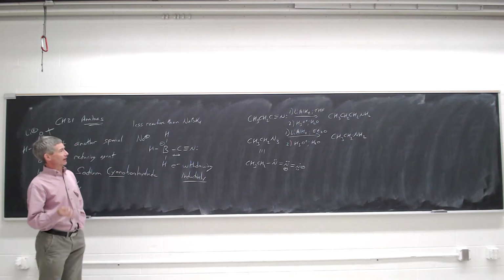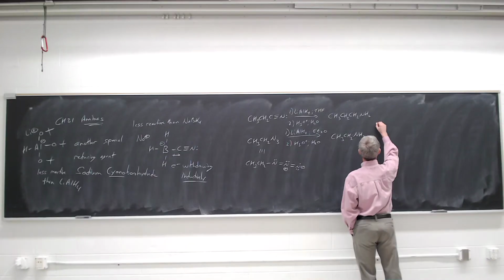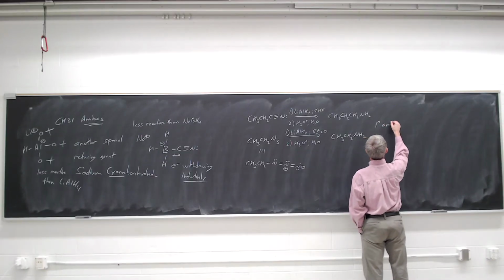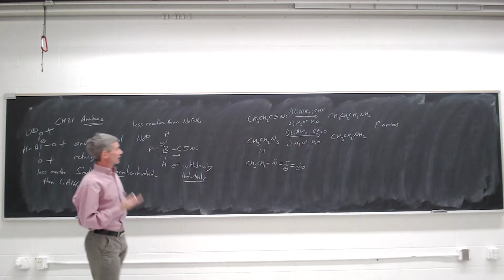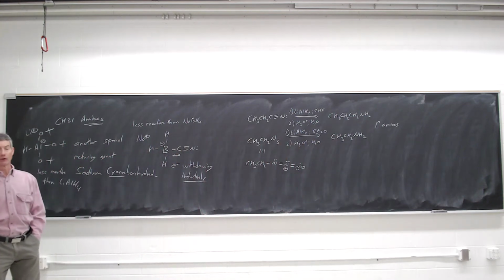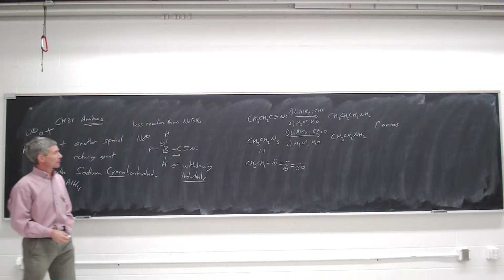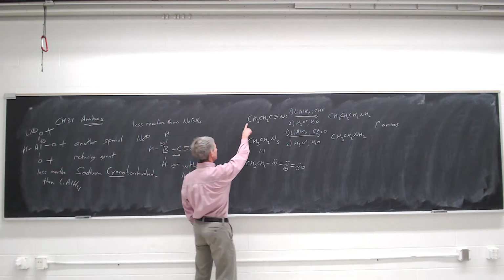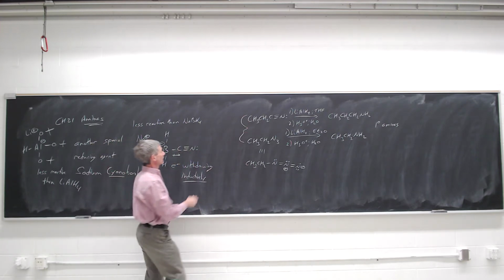Both azides and nitriles, however, are limited to production of primary amines, because in both cases you have a nitrogen that has no R groups except for the one carbon that it's attached to.